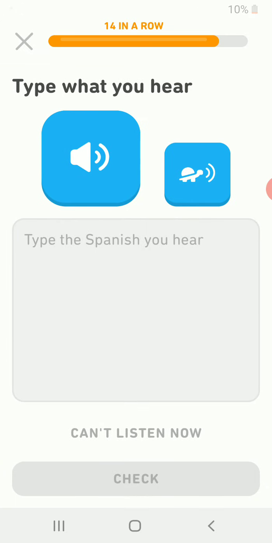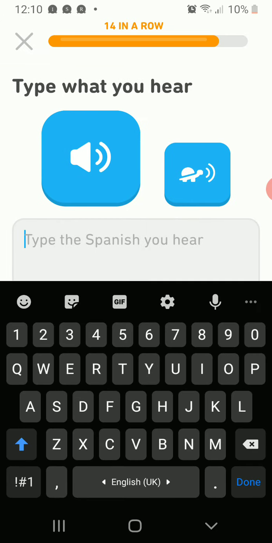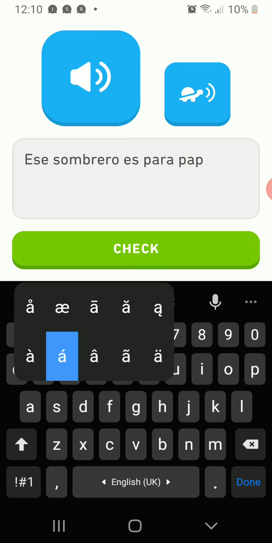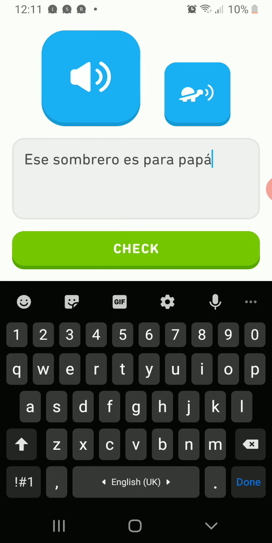Good. Ese sombrero es para papá. So ese sombrero es para papá. One more time. Ese sombrero es para papá.